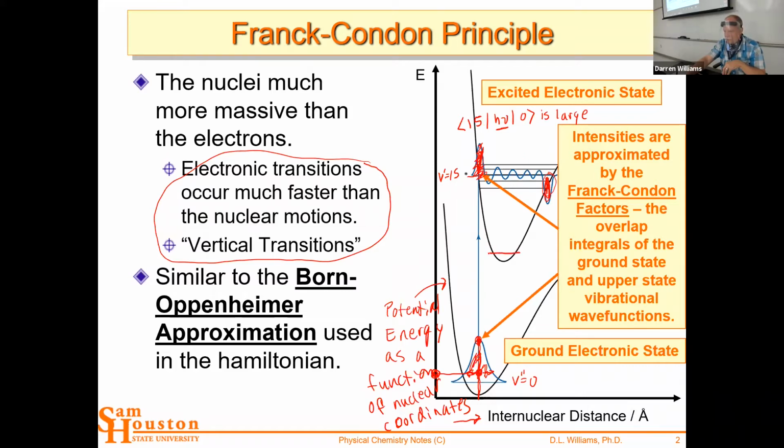Here's the ground state vibrational level in the upper excited electronic state, V prime equals 0. And the 0 to 0 transition is small.